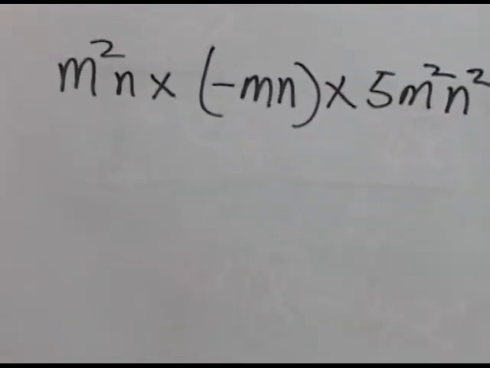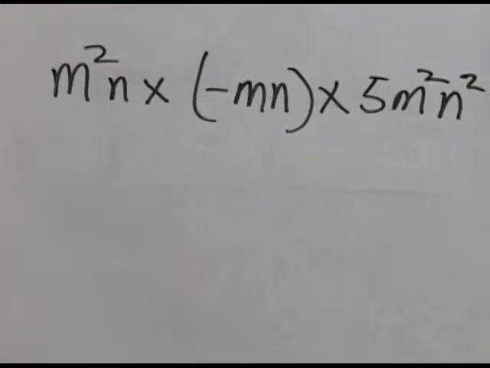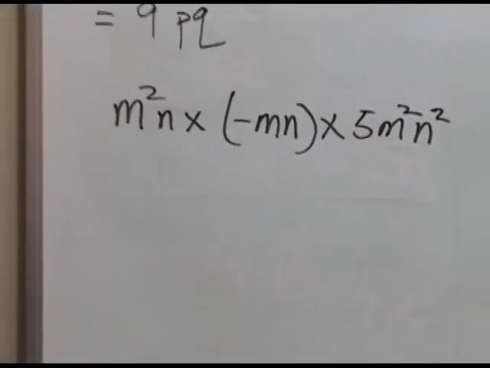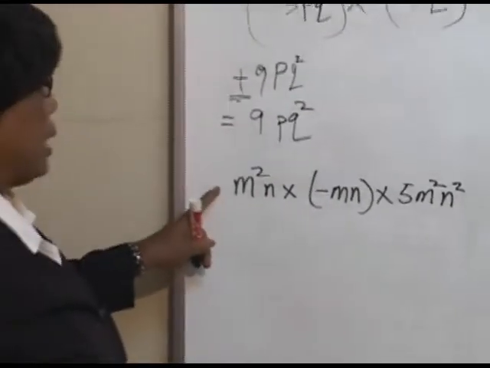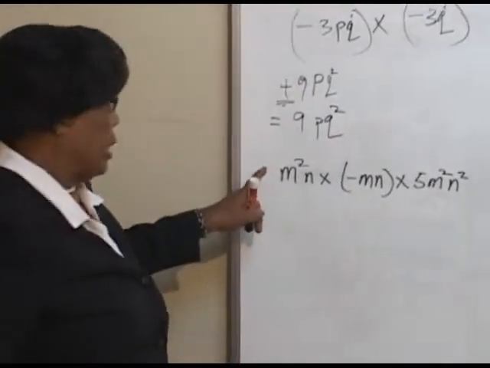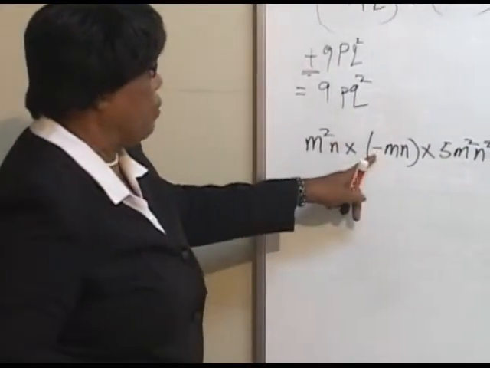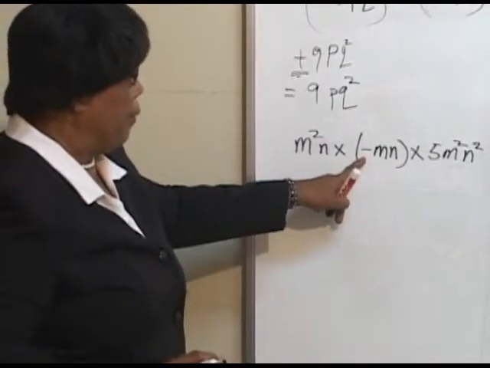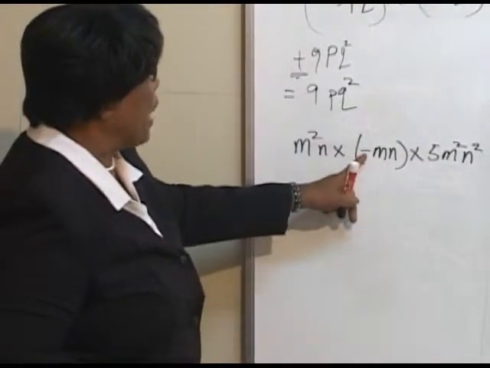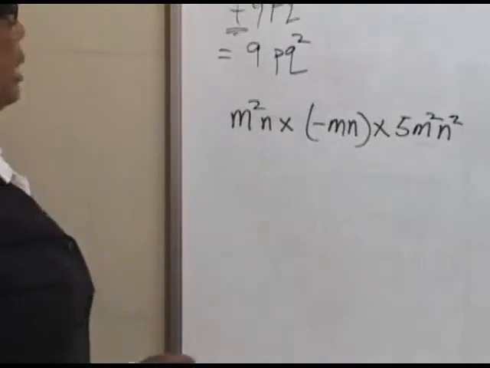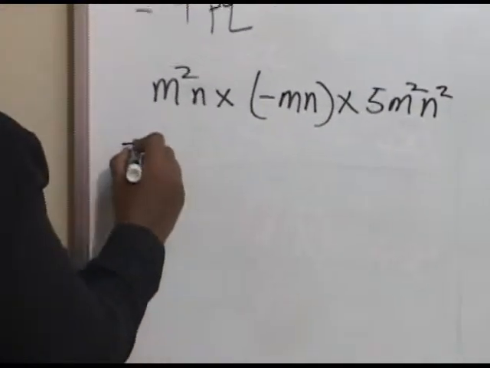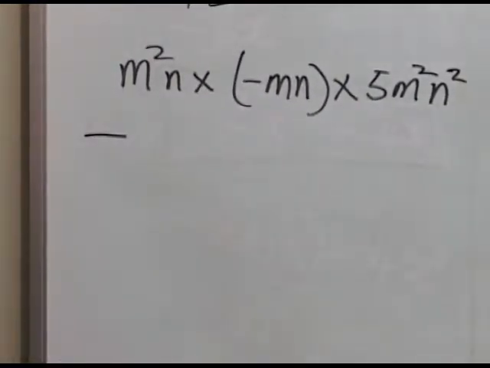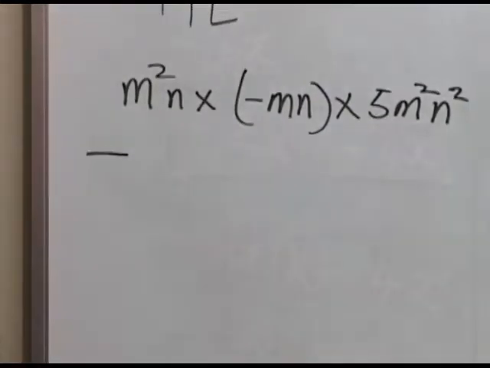Now, again, we have our rule, and we're looking at the signs first. Without a sign here, we know it's positive. So it's positive times this negative would give us a negative, and then it's negative times this positive would still leave us with a negative. So we know the answer would be in front with a negative.